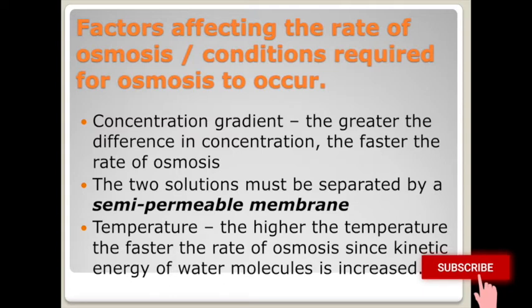Now, what are we saying here? We are saying that the movement of the solvent molecules from one region to the other can only occur when there is a concentration gradient, or a difference in concentration, with a semi-permeable membrane between these two different concentrations.